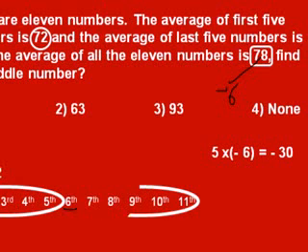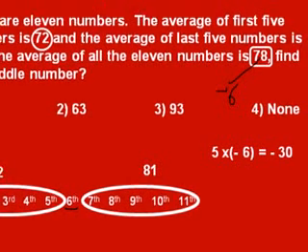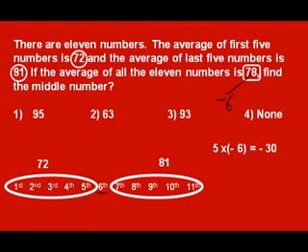Since the average of the last 5 numbers is 81, the deviation given by these numbers would be 81 minus 78, which would be a positive 3. Now positive 3 is the deviation given by each of these 5 numbers. Hence the total deviation will become 5 times positive 3, that is positive 15.